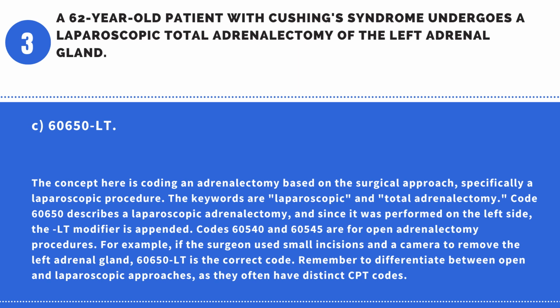Codes 60540 and 60545 are for open adrenalectomy procedures. For example, if the surgeon used small incisions and a camera to remove the left adrenal gland, 60650 LT is the correct code. Remember to differentiate between open and laparoscopic approaches, as they often have distinct CPT codes.